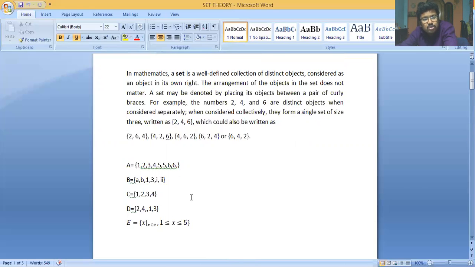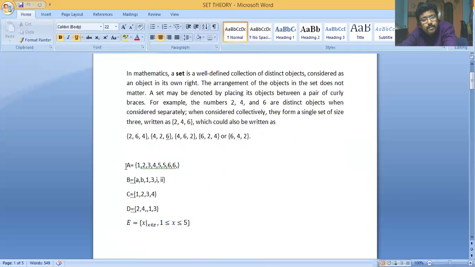You can find only C and D are sets. E is also a set, but it is represented in another way.